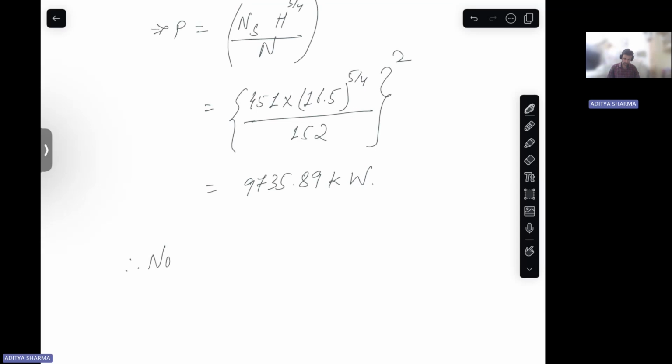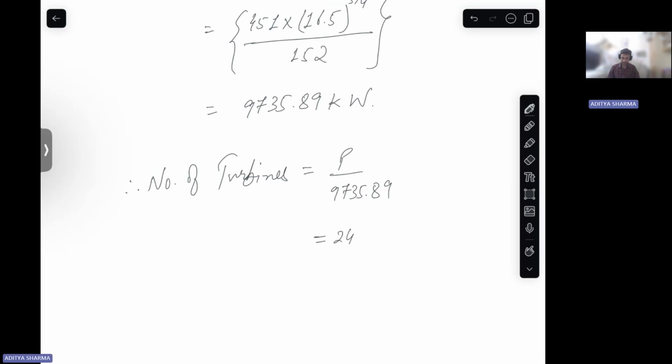So number of turbines, if you see, is E divided by 9735.89. So this comes out to be 2.47.